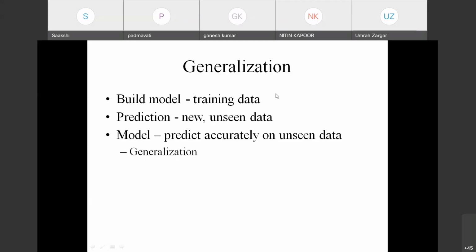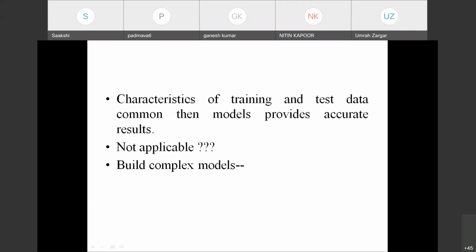Suppose the number of features is 3. For example, what is the size of the house? What is the number of bedrooms that the house comprises, and so on. So this training data and this unseen data will have similar kinds of features, right? So that's what we are saying here.